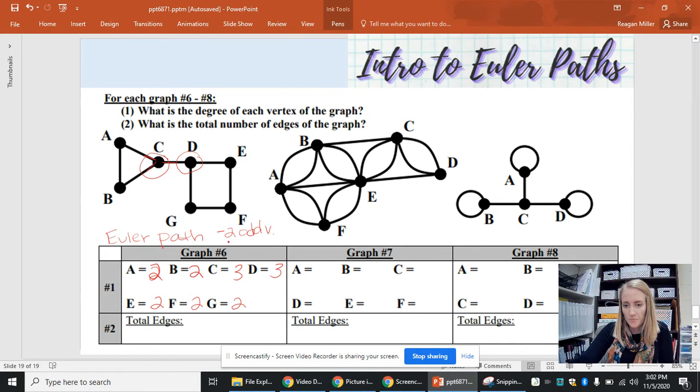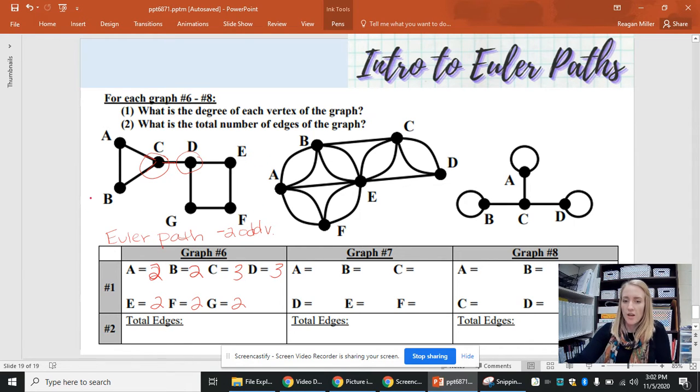I'm just going to put a V, and then you can have as many other even ones as possible. If you have one odd vertice, then you can't even draw that graph. That doesn't exist. If you have 0 odd vertices, that just naturally means that all the vertices are even, and you would have an Euler circuit.